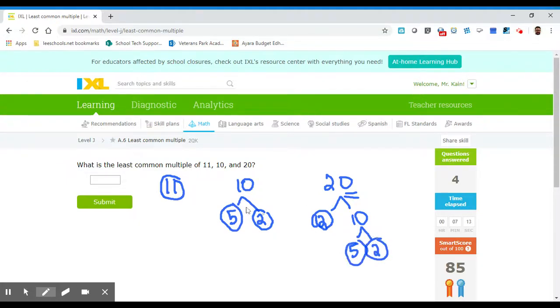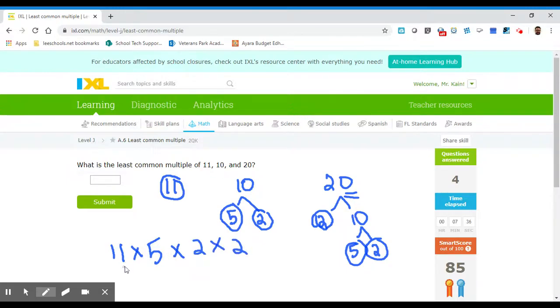Now, 11 only appears at most one time. 5 between all these appears at most one time, so 5. And 2 appears at most 2 times. See, in 20 it appears twice, and in 10 it appears once. So we're going to do 2 groups of 2.